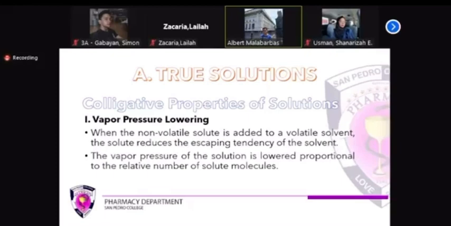So, what are the four colligative properties? We have vapor pressure lowering, boiling point elevation, freezing point depression, and osmotic pressure. Those are our four colligative properties.